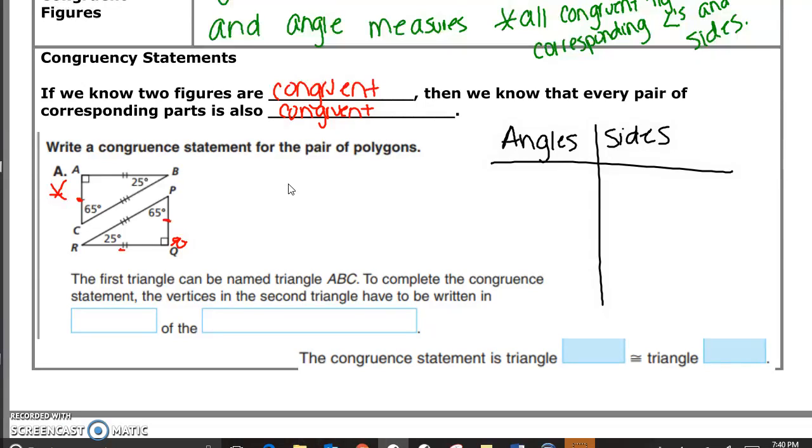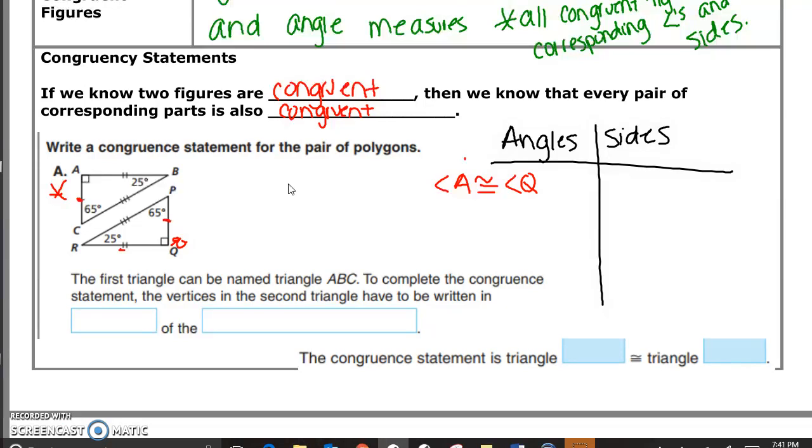So the first thing we're going to do is figure out the corresponding angles. So I kind of drew a little T-chart over here. Let's focus on the first triangle. We have angle A. And we need to figure out which angle that corresponds with. Well, angle A is 90 degrees, so looking at the other triangle, we can say angle A is congruent to angle Q. Those are both 90 degrees, so those are congruent.